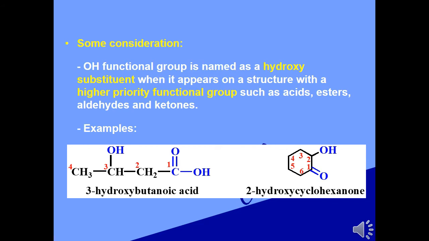Example is 3-hydroxybutanoic acid, because OH is at carbon 3, and second is 2-hydroxycyclohexanone for OH at carbon number 2.